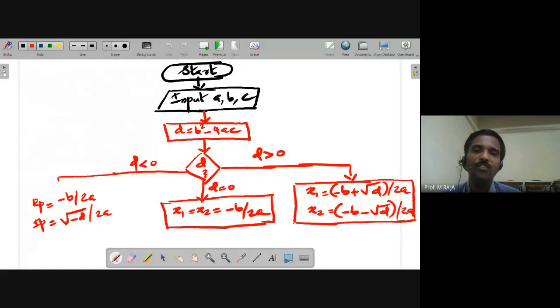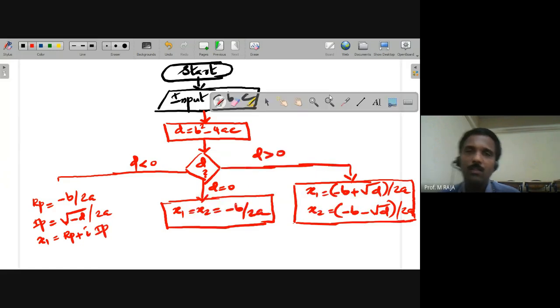So after this we can write: x1 is equal to real part plus i into imaginary part, then x2 is equal to real part minus i into imaginary part, where i is square root of minus 1.